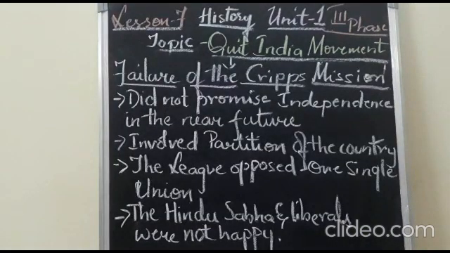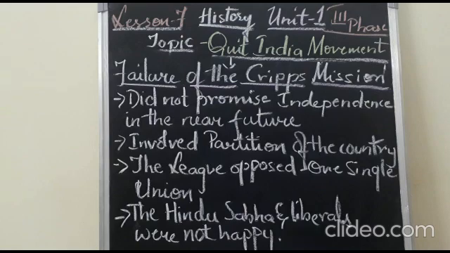The Cripps mission was rejected by all the Indian political parties on the following grounds. The Cripps mission did not bring the promise of independence in the near future. Second, the plan involved partition of the country. Third, the League opposed the creation of a single union.